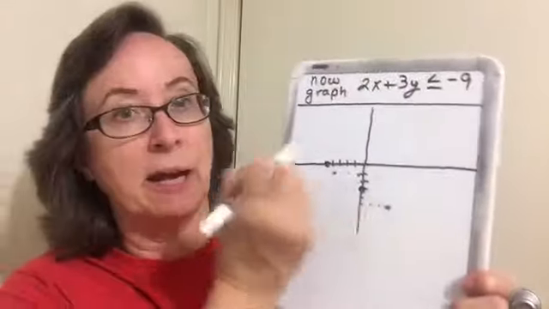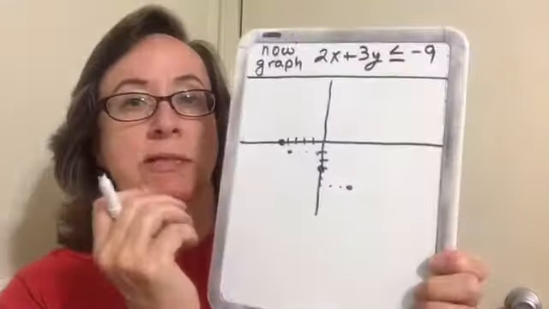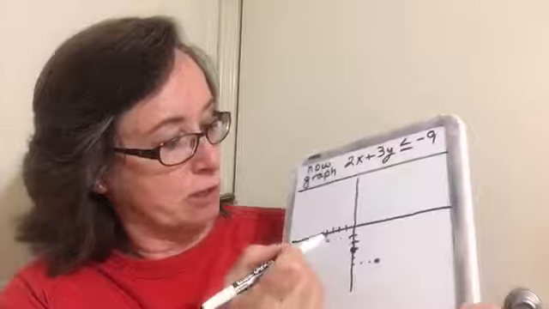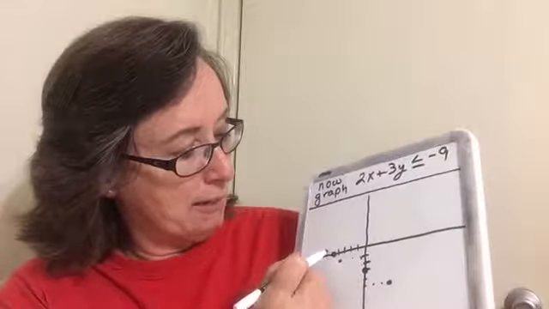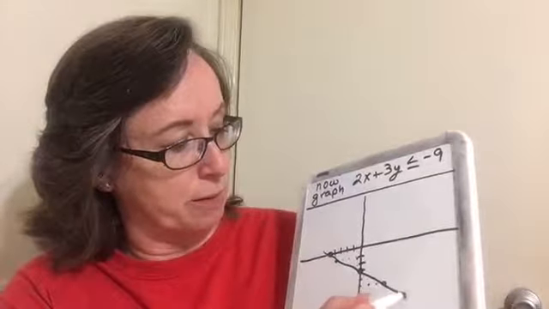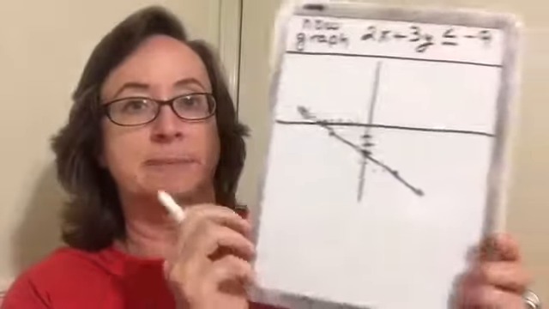I wind up on this line. Of course, it would work better if I had graph paper, which I don't right now. But my line is going to go through those points. Okay, so that's two ways to graph your boundary line.